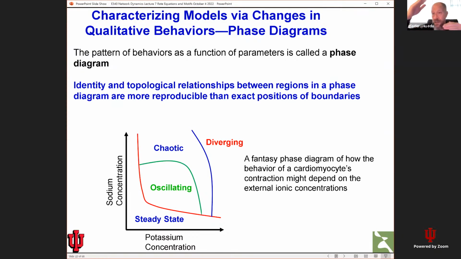Things may be squeezed vertically, stretched, twisted a little bit, but if we have steady state, oscillating, chaotic, diverging in a particular sequence, and our model gets that sequence right, we don't care if the exact positions of the boundaries are right. And so the creation of a diagram of this kind gives us a very, very powerful handle on how our systems behave. It tells us what's possible in our system.